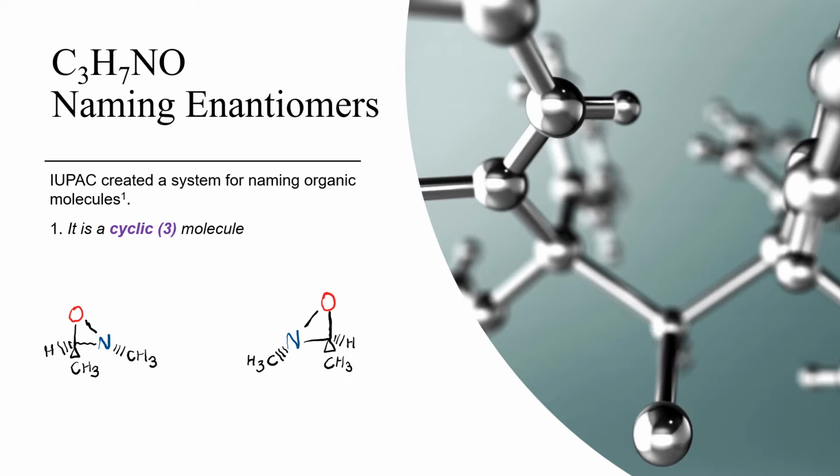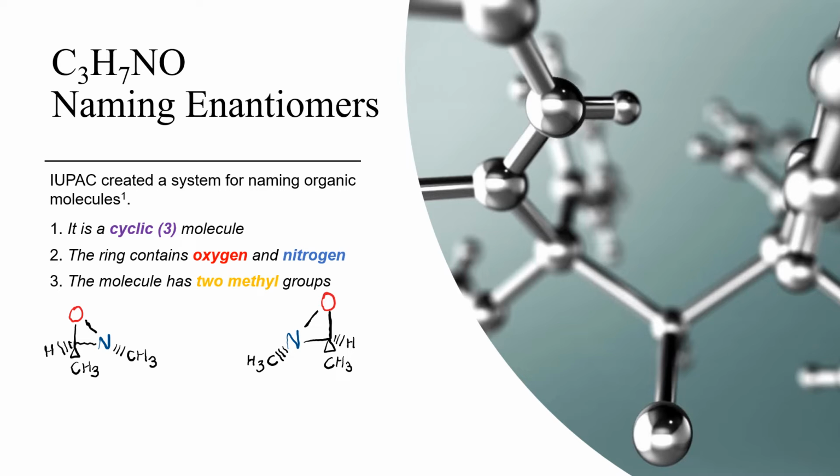We also know that within the ring there is an oxygen atom and a nitrogen atom. And finally, we can see that there are 2 methyl groups. So to name this molecule, we would start by listing the methyl groups and their positions. So there's one methyl group on nitrogen and another on the 3rd position.